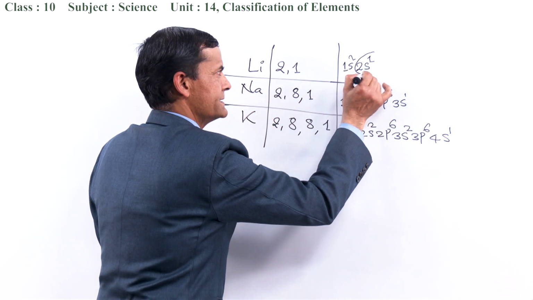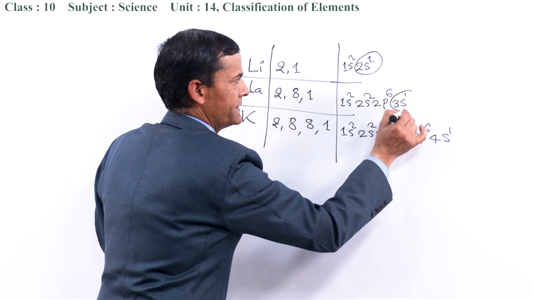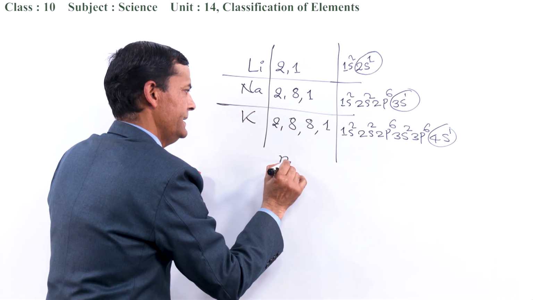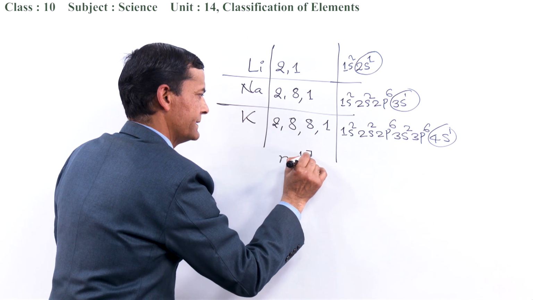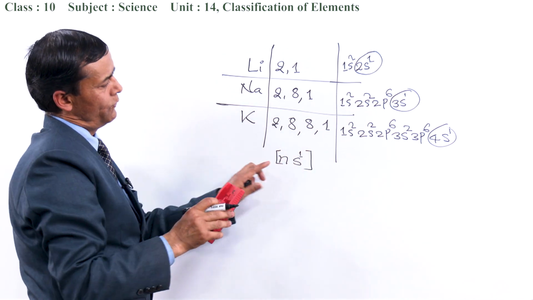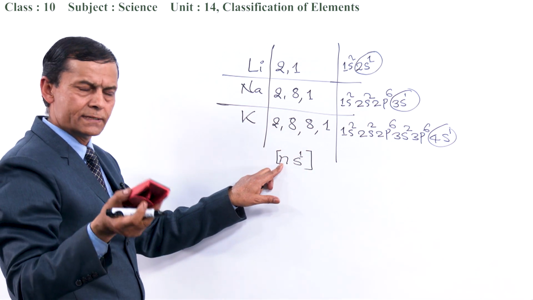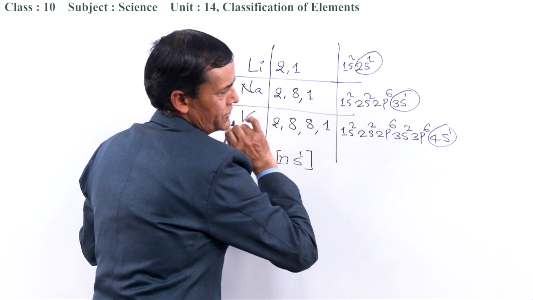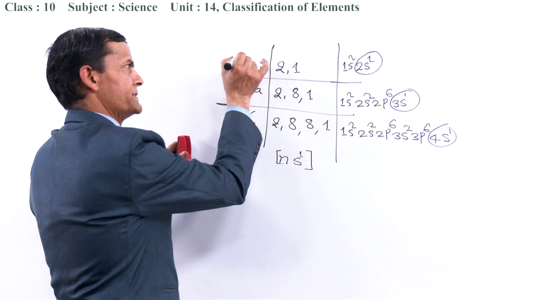Look at here. Its electronic configuration represents ns1. That means n represents 1, 2 or 3, isn't it? So this is the subshell electronic configuration of alkali metals.